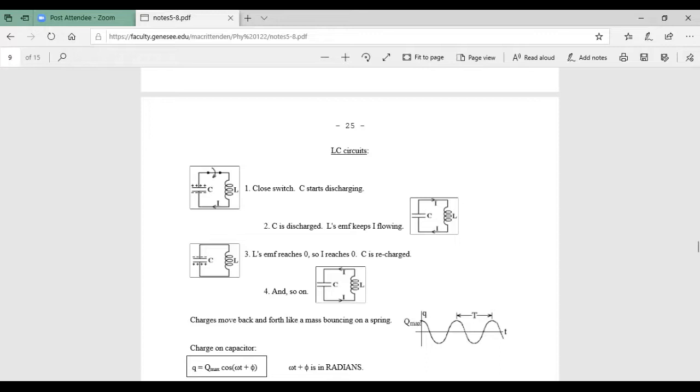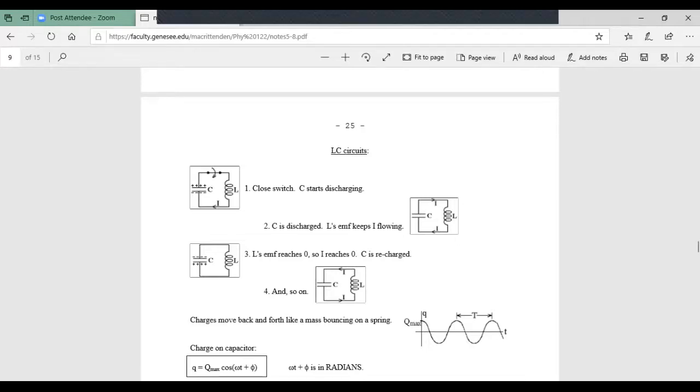The energy stored in that magnetic field has to go somewhere. If the current stopped flowing, there would be no magnetic field, because magnetic fields are found around currents. So as the current starts to drop off, the energy that had been stored in that magnetic field is used to keep the current going long enough to recharge the capacitor.